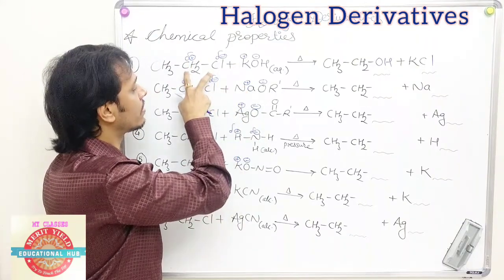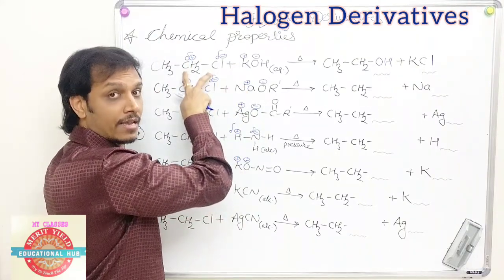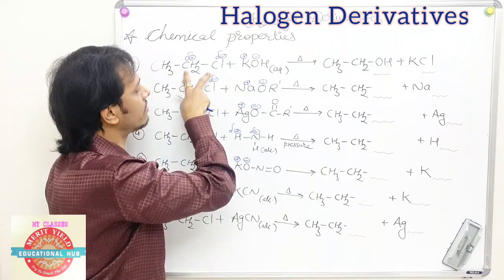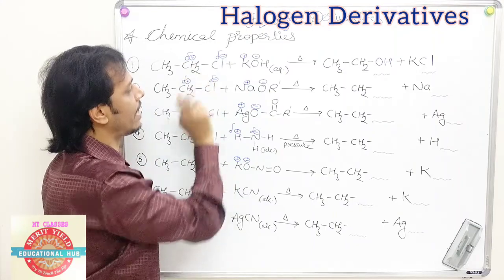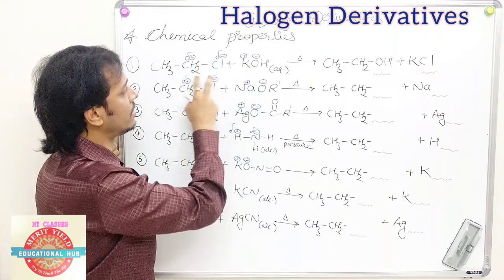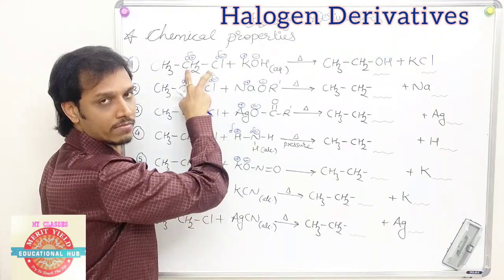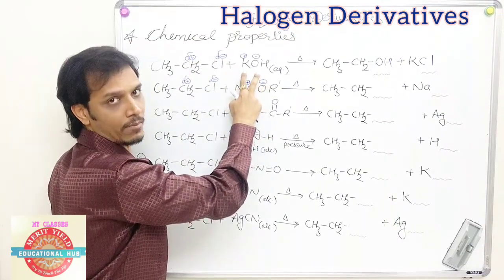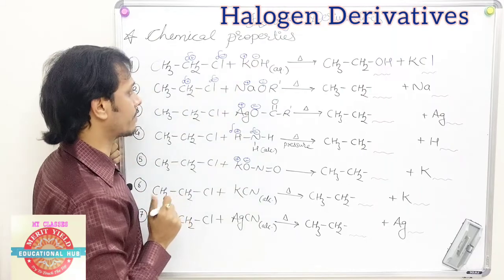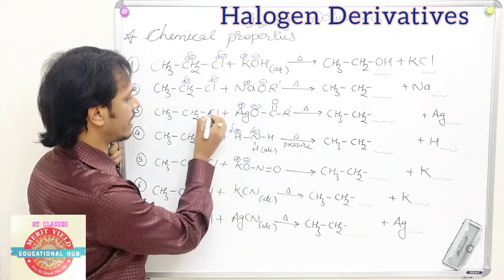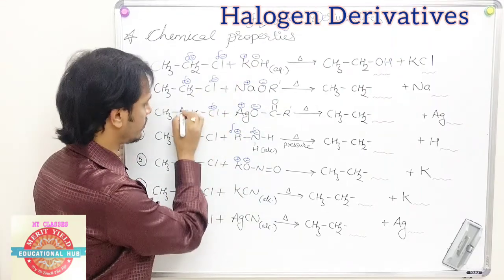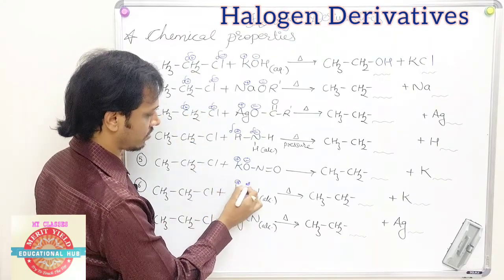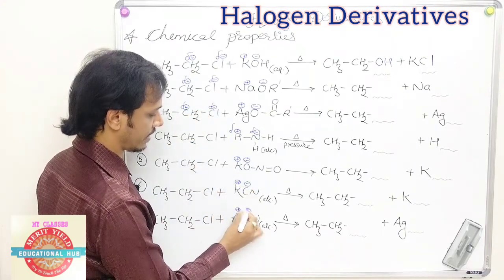Because this is, what you can say, a cation. The bond between carbon and halogen is not a clear-cut polar bond. And here K with OH is a clear polar bond. So that's why. Positive, negative, positive and negative.